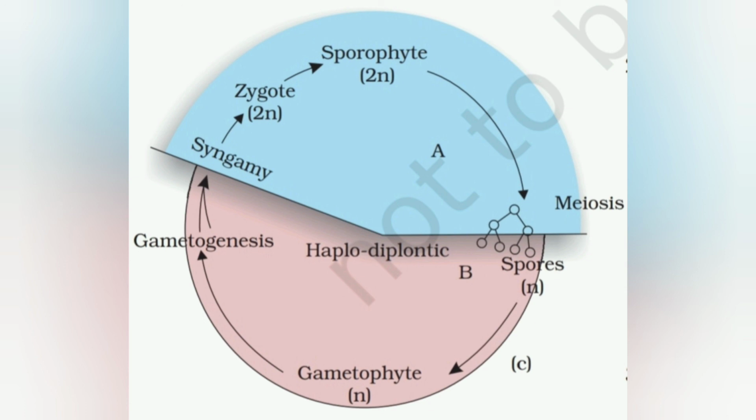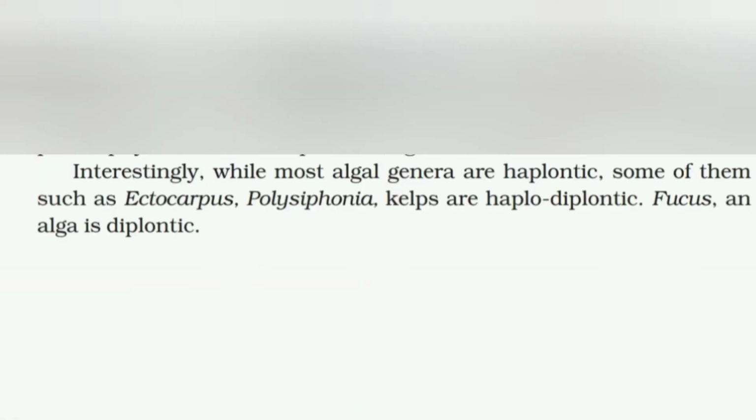Hence, they are known as haplodiplontic life cycles. Interestingly, while most algal genera are haplontic, some of them such as Ectocarpus, Polysiphonia and kelps are haplodiplontic. Fucus is an alga which is diplontic. So these are some exceptions among the algae which we must remember very well.